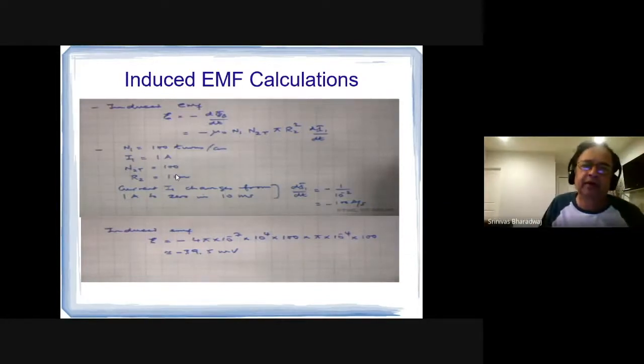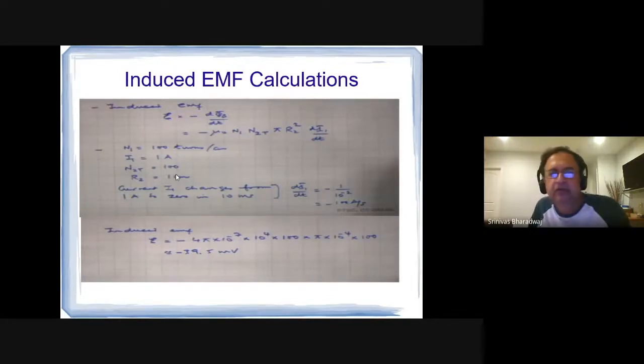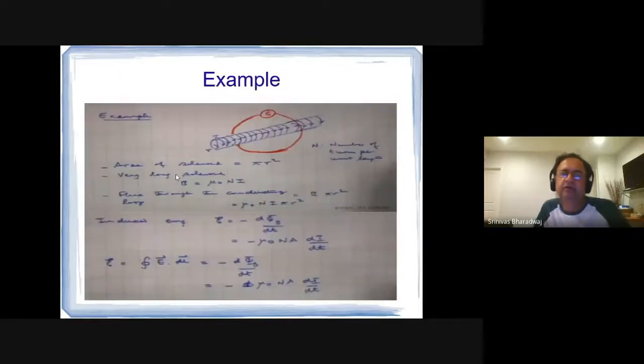So that is a very simple example of the current induced in a solenoid. The area of the solenoid is pi r squared. If you had a very long solenoid, the B is mu naught n times I, where n is the number of turns per unit length.